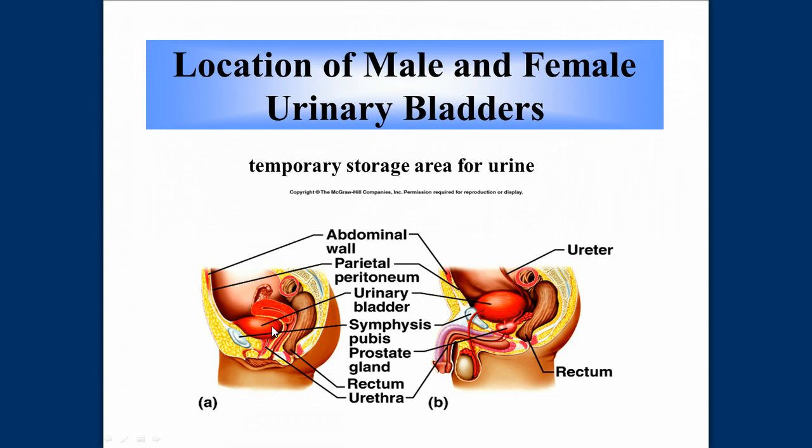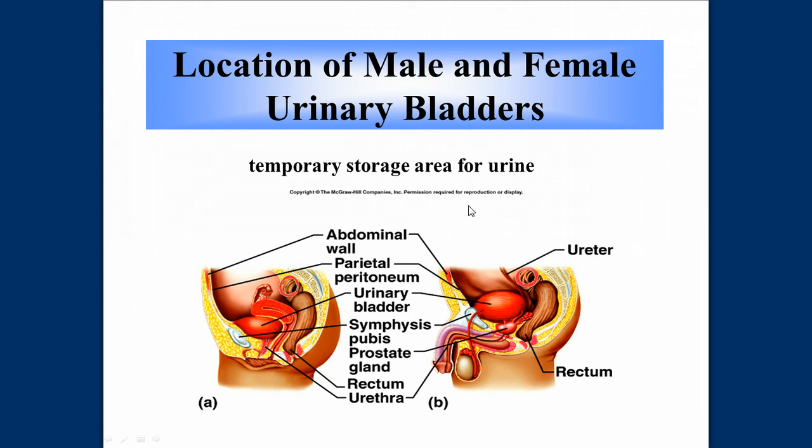The location of the urinary bladder: it is found under the cervix and the uterus in the female, posterior to the symphysis pubis, or the front pelvic bone, and the urethra is very short in a female.